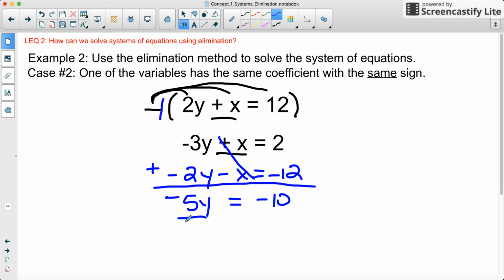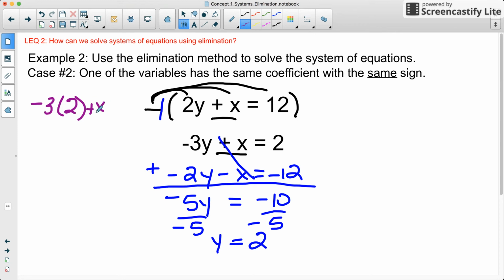So using that algebra we all love and know so well, we're going to divide both sides by negative 5. So for this example, y equals 2. Now, what do we have to do? We have to plug that back in. I'm going to use the bottom equation this time. Negative 3 times 2 plus x equals 2.